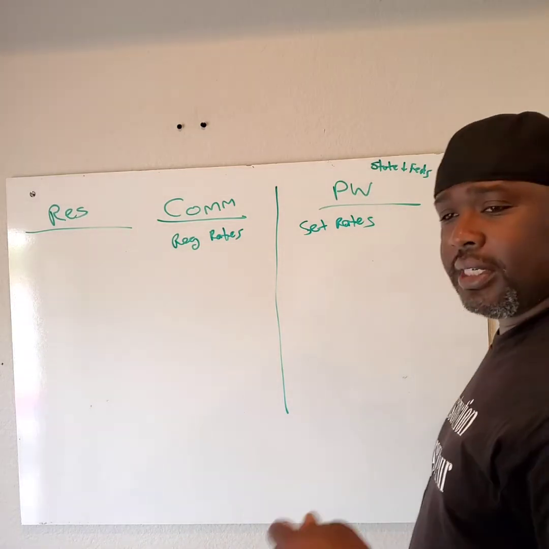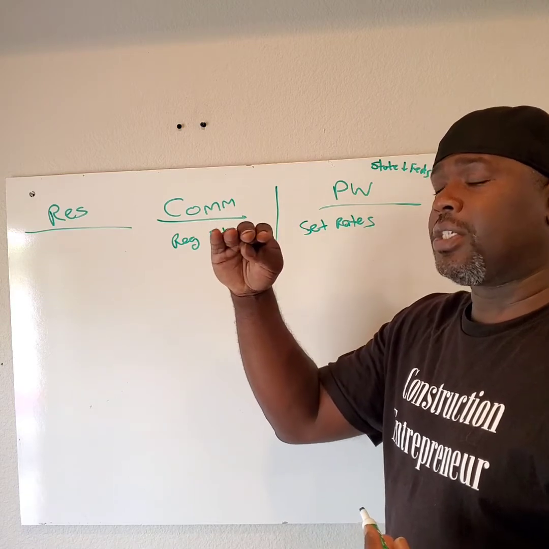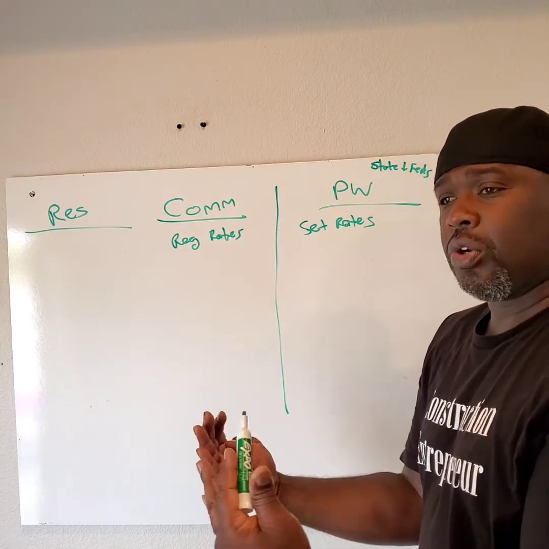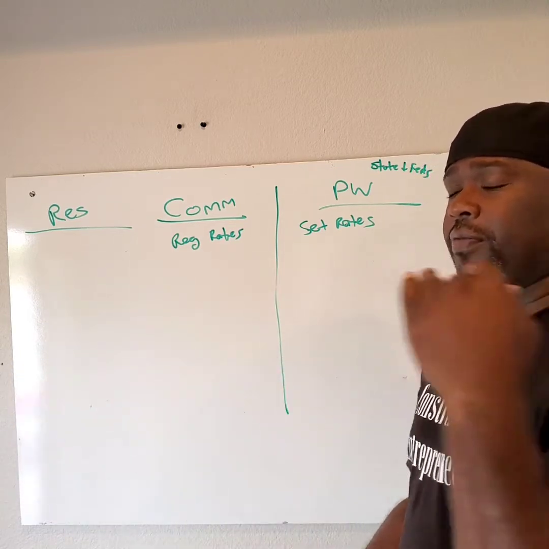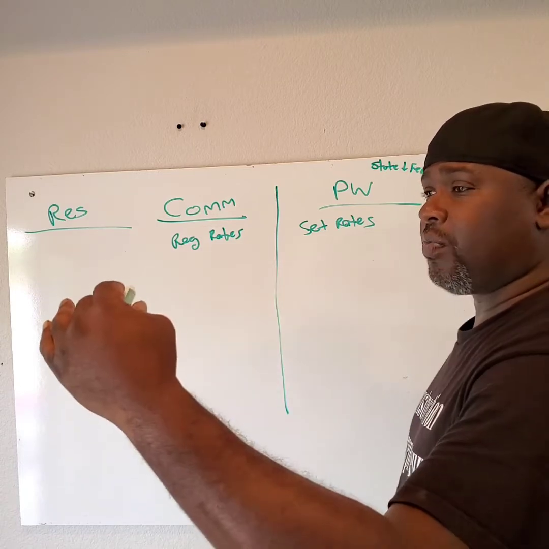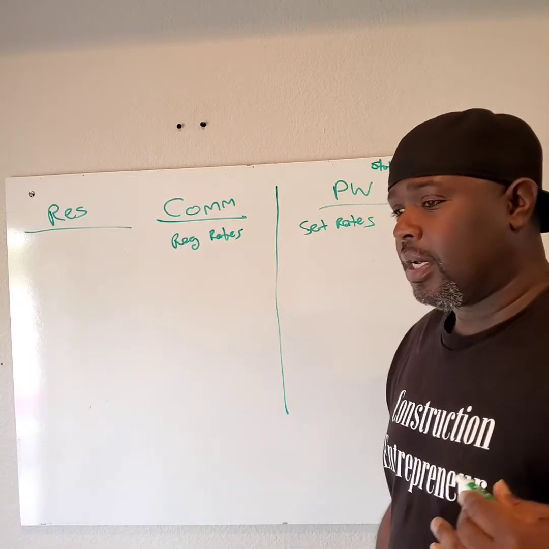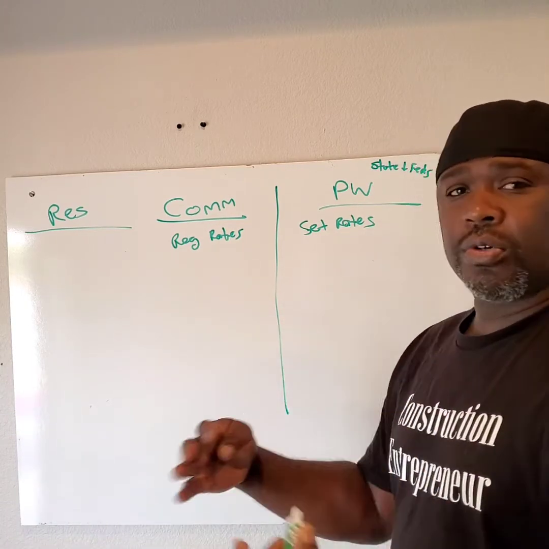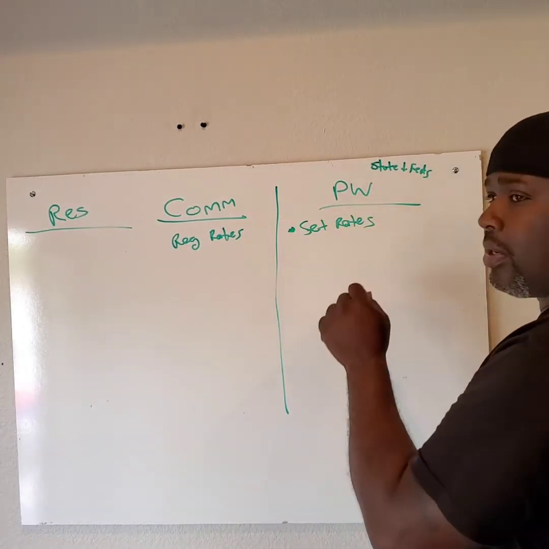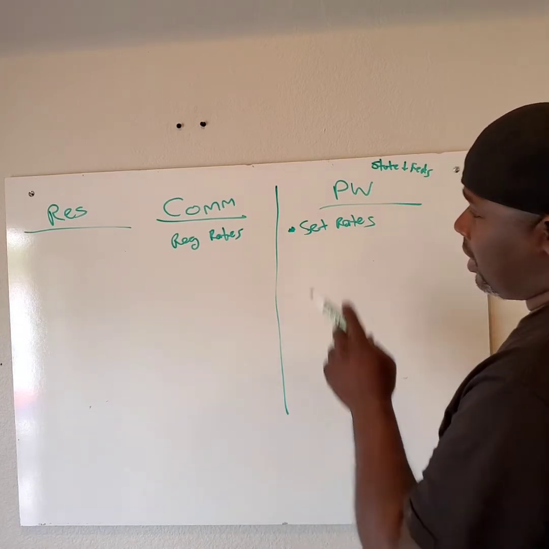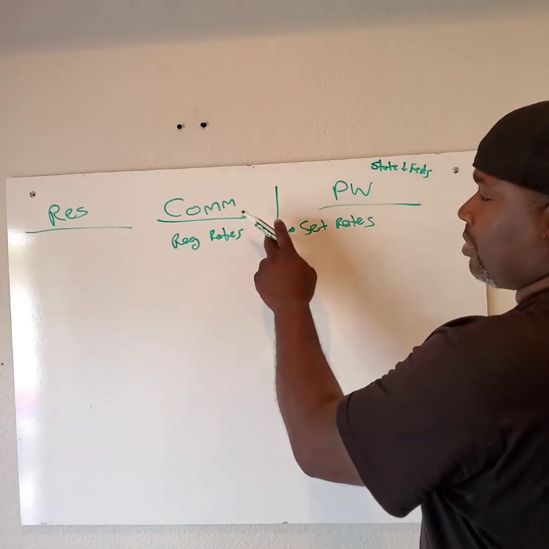You have to go on the DIR and find out which classification of trade that person is doing, and you have to pay them accordingly. There's pay for carpenters, different pay for plumbers, different pay for laborers, different pay for equipment operators, truck drivers, and those sorts of things, right? And you will find those pay rates there on the DIR. So the difference between these two is only a pay structure.